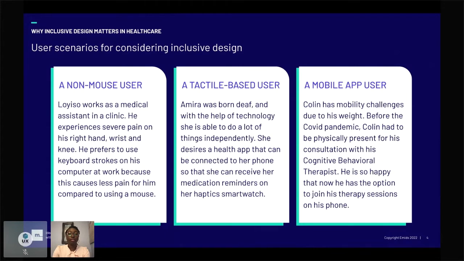She was born deaf, and with the help of technology, she's able to do a lot of things independently. She desires an app that can be connected to her phone and help her with her medication reminder.